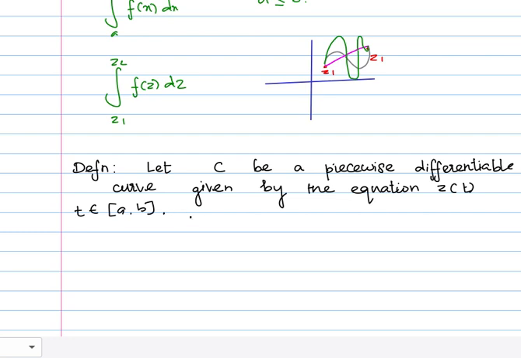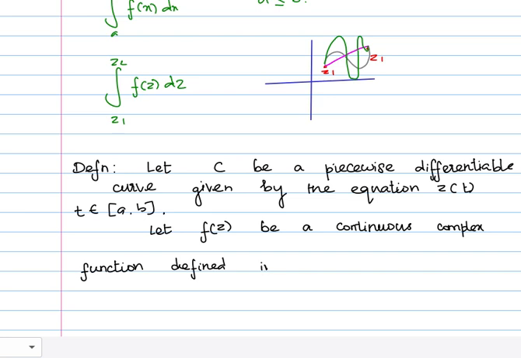Let f of z be a continuous complex valued function defined in a region that contains the curve C.